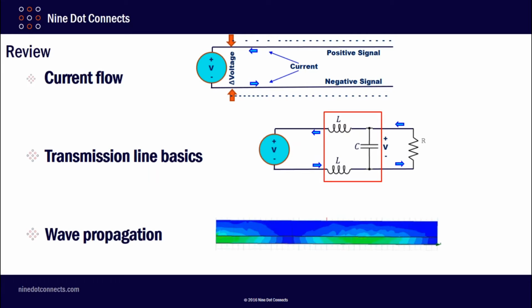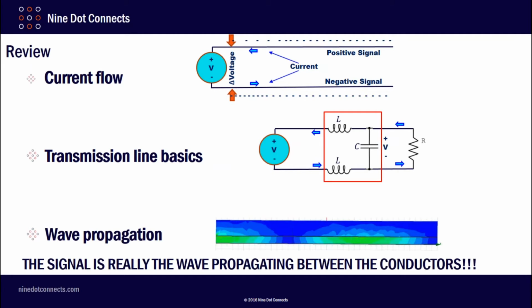And we talked about the concept that when you want to think about high-speed design, it is best to think about wave propagation. With that in mind, we really stressed that the signal is really the wave propagating between conductors. And if you always follow that thought pattern when you're routing or trying to figure out how to put a via, it will get rid of a lot of problems that you'll have.